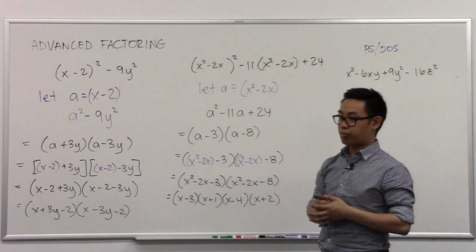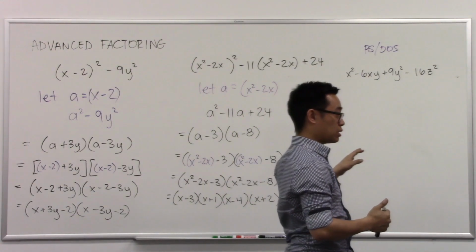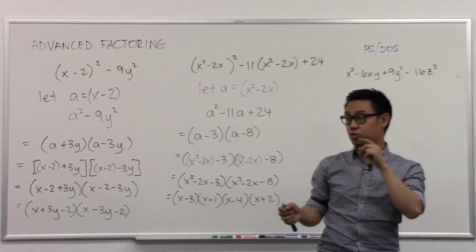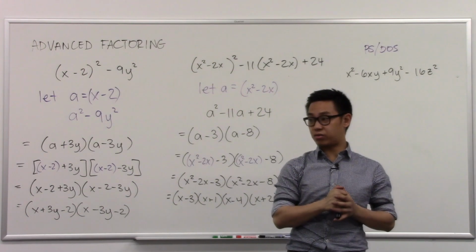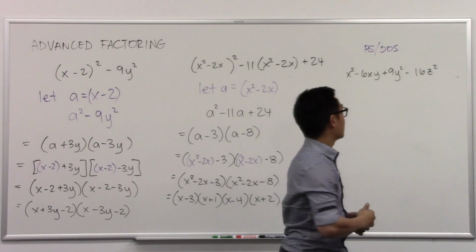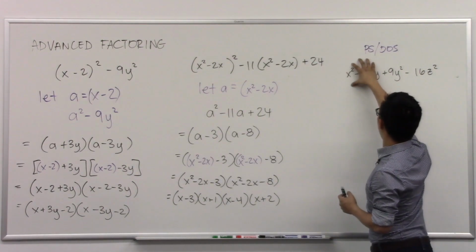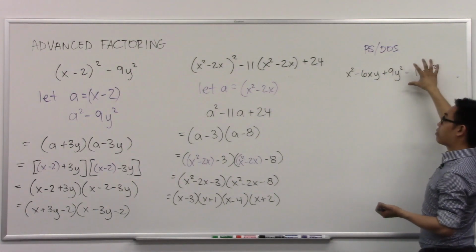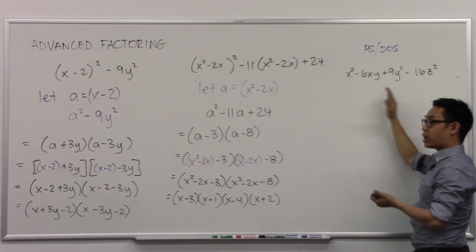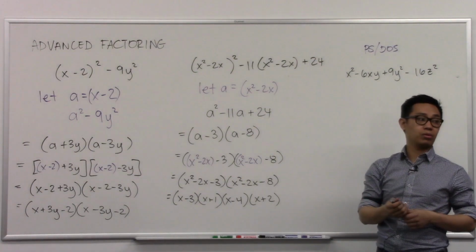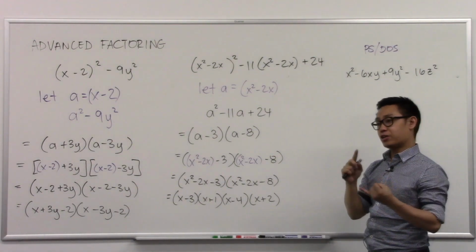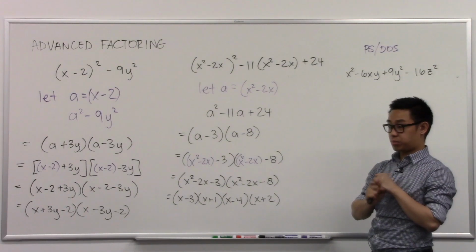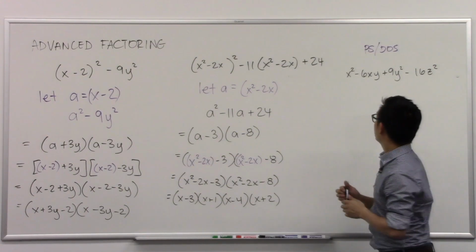Your typical logic would have been that it's 4 terms. So the only type of factoring that you knew up to this point for 4 terms is grouping. But if you common factor the first half, and you can't even common factor the second half, you will not get the same bracket, so you cannot group. So a new type when you have 4 terms is a perfect square difference of squares.